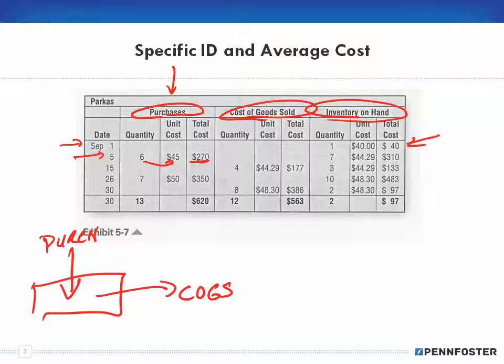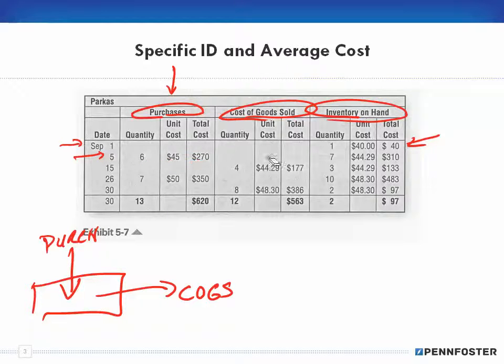When we have a purchase, we're using the purchase column, but when we actually sell something, we take it out of the box, and I'm only using the boxes as an example, okay, in order to visualize what's going on here. So that we would use our cost of goods sold column, all right?